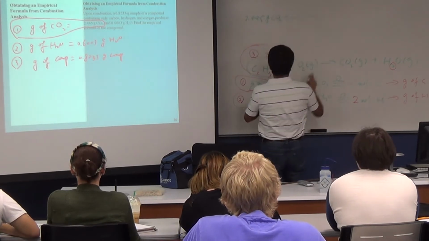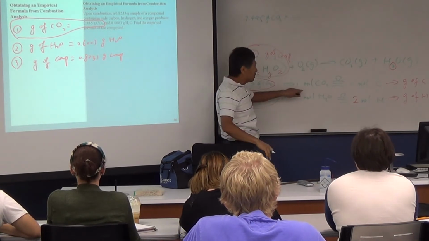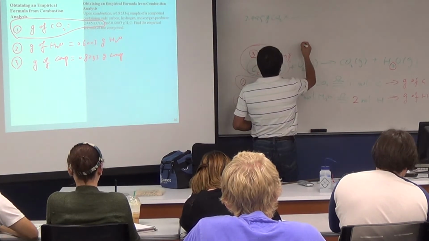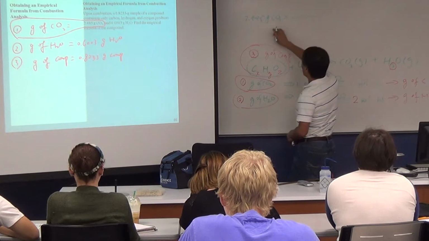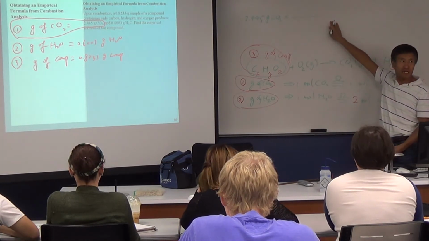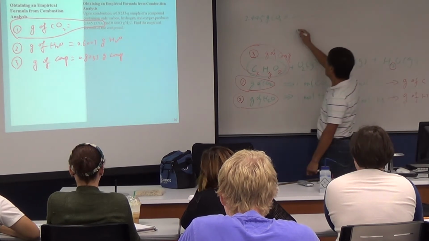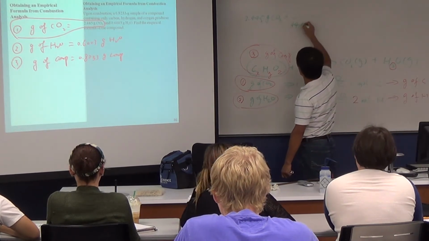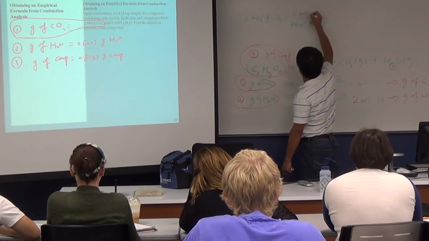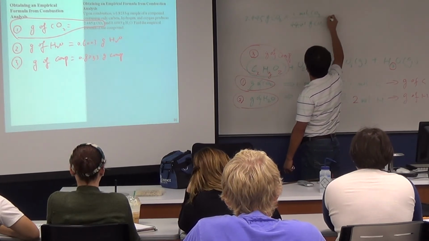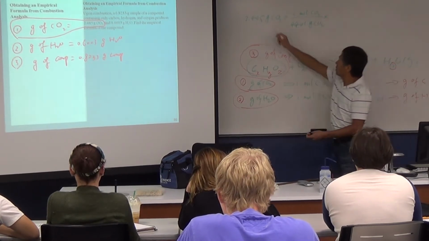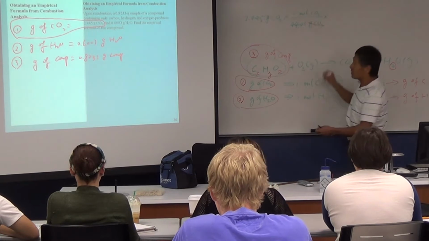According to our map here, we are going to convert into mole of CO2. From gram of something into mole of something, what do we use again? Molar mass. You will have 44.01 gram of CO2 and 1 mole of CO2. So this was our first conversion.